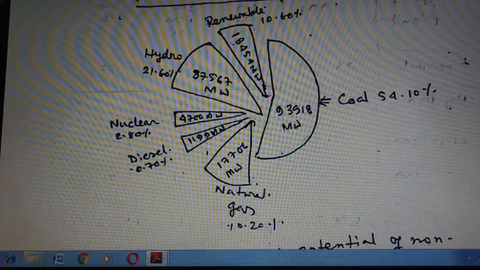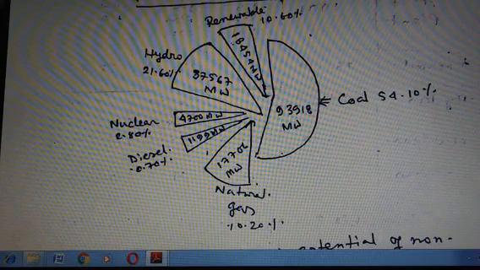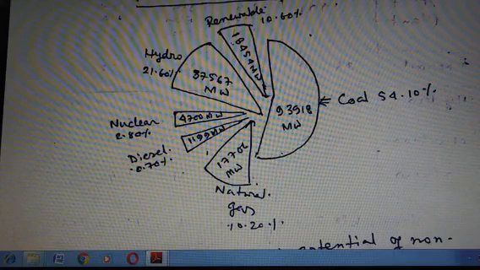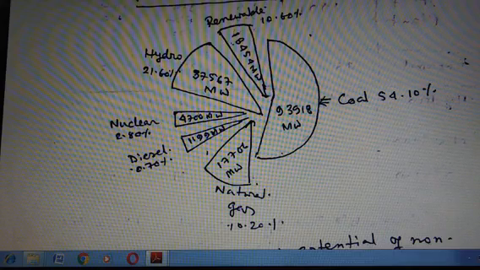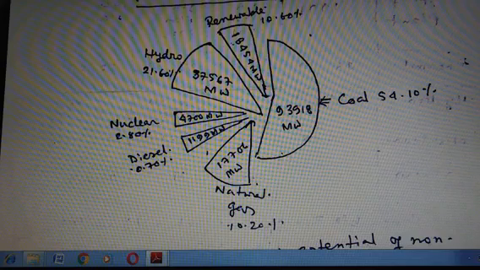Now the nuclear power plant. 2.8% of total energy is coming from nuclear power plants in our country, and that is equal to 4,700 megawatt. In a nuclear power plant, by the help of nuclear fission, a tremendous amount of heat is developed.